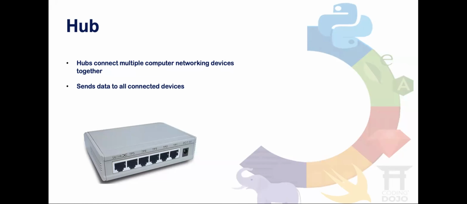A hub is not an intelligent device because whenever it receives information, it spreads the information to every device on the network. It is also available on the physical layer.